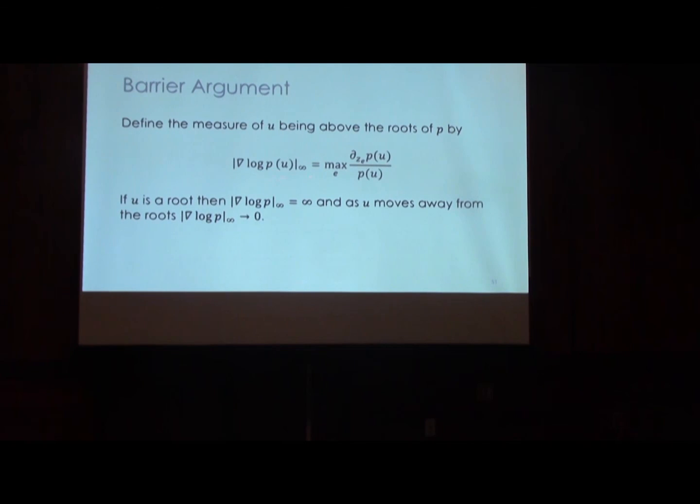So we've seen this already. For a strongly Rayleigh distribution, this was the vector of the marginals. And I'm defining the infinity norm of this vector to be my notion of being well above the roots. At the roots, this thing would actually be infinity, but as you move away from the roots, this number goes to 0.